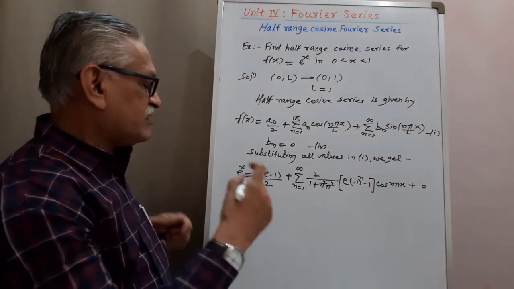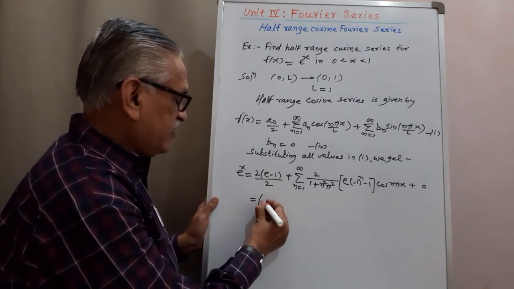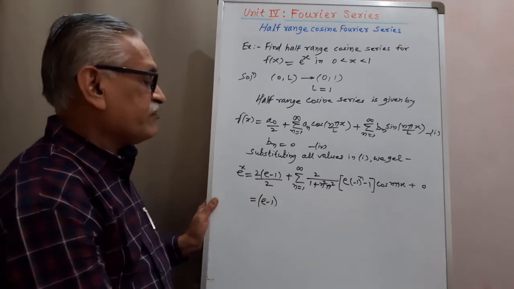Rewriting it, the 2 gets cancelled, and we get e minus 1 as the first term.